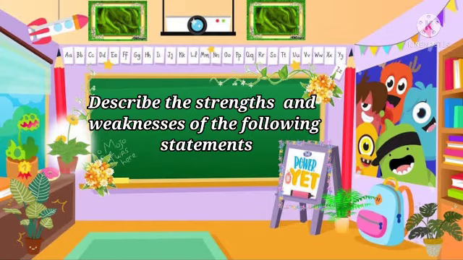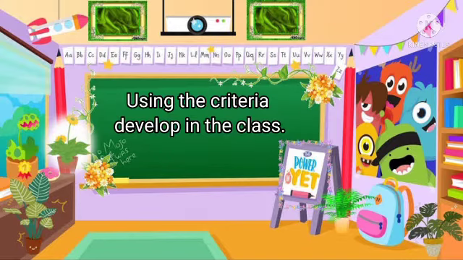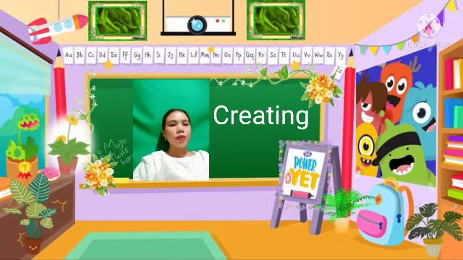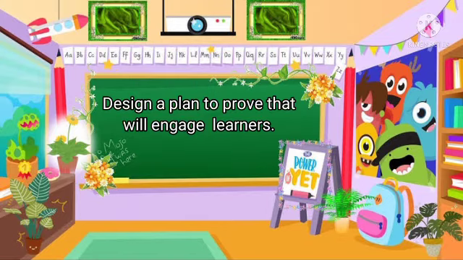Example: describe the strengths and weaknesses of the following statements, using the criteria developed in the class. Creating means to evolve from one's own thought or imagination, as a work of art or invention. Example: design a plan to improve that will engage learners.